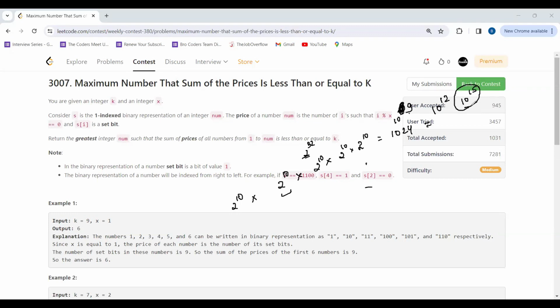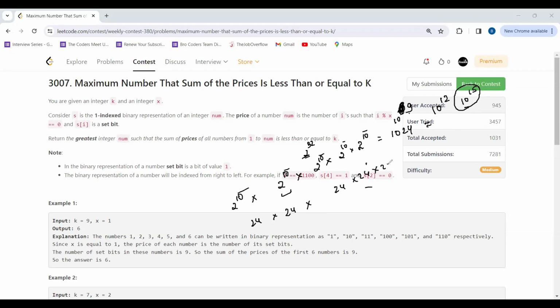So see how big the number has become. 10, 20, 30, 40, 50. 50 bits after approximation. We have ignored 24 five times. That will again result in a very big number.